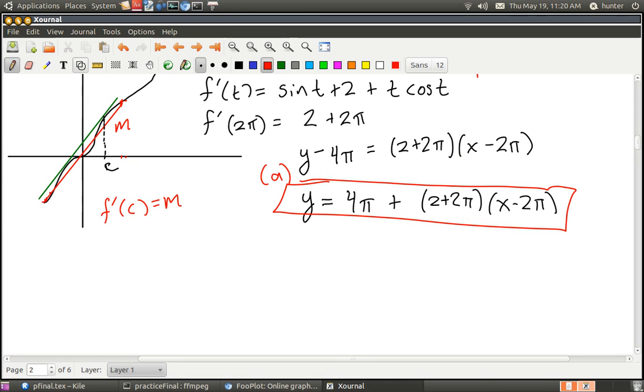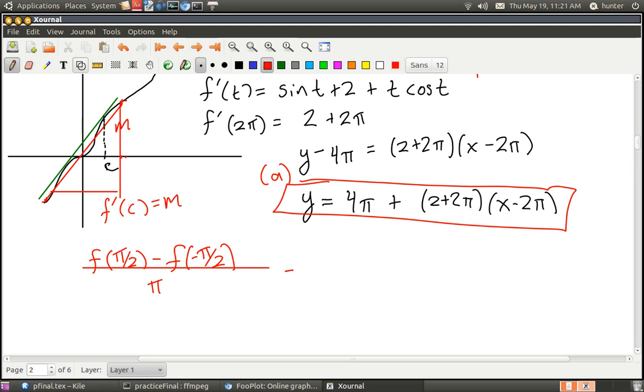It's just rise over run. So it's going to be f of pi over 2 minus f of minus pi over 2. That's the rise. And what's the run? The run is just pi.